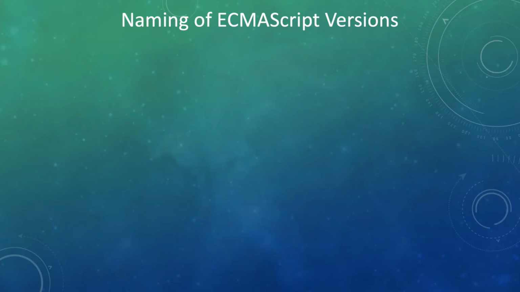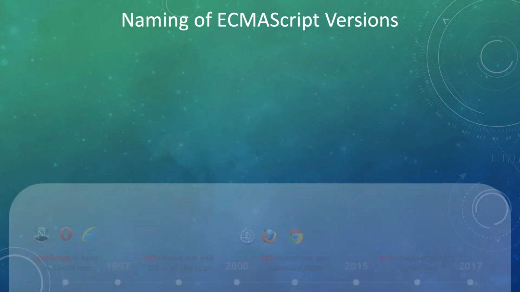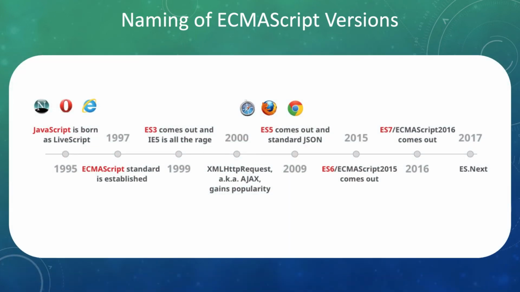Now, as far as the naming goes, it can be a little confusing to beginners. Updates and new features were not added on an annual basis until ES6. ES6 took 6 years to surface, due to which the committee decided to change things up and just update the spec annually.